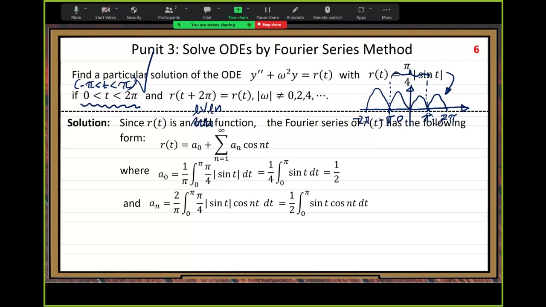Then you need to use that formula, the product of sine and cosine functions. There is a formula for that. It's 1/4, right?